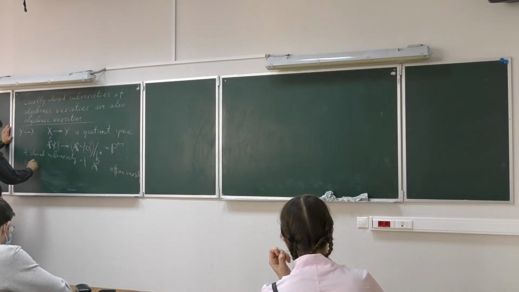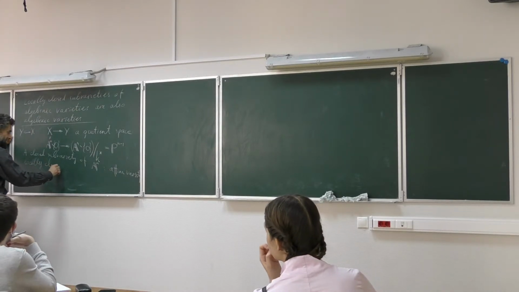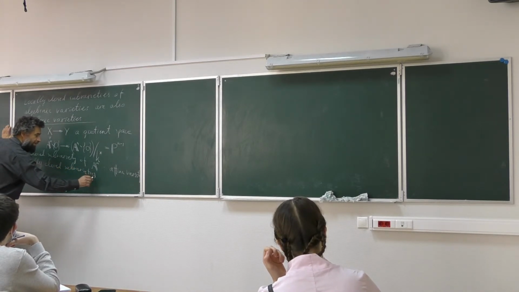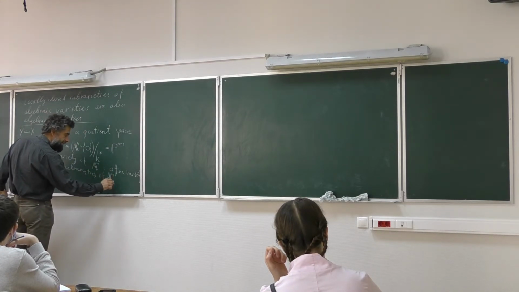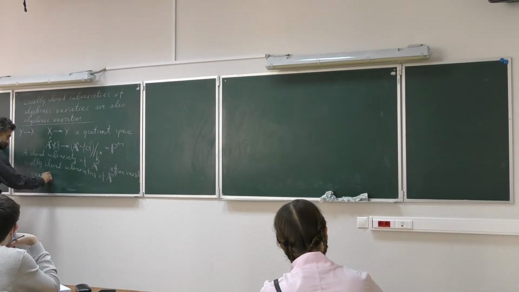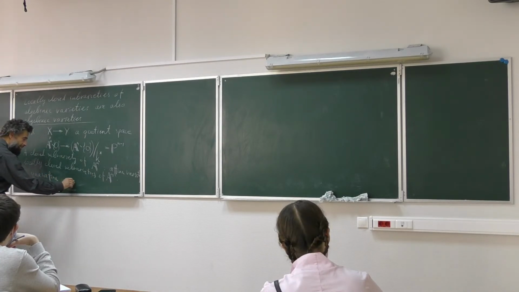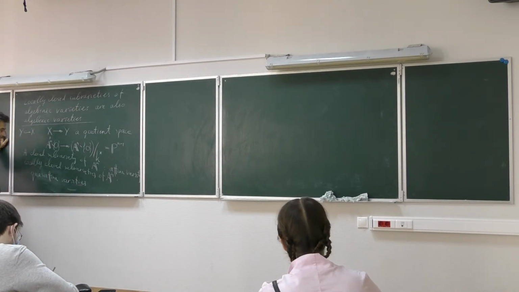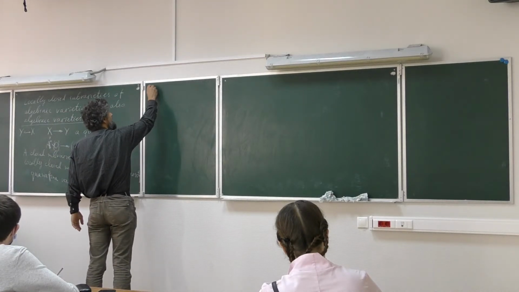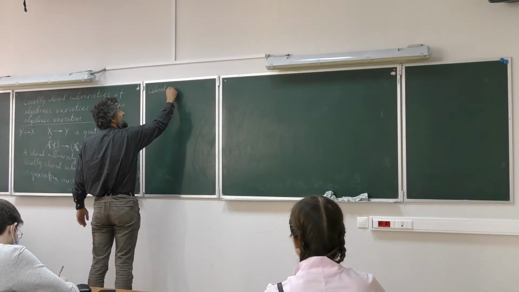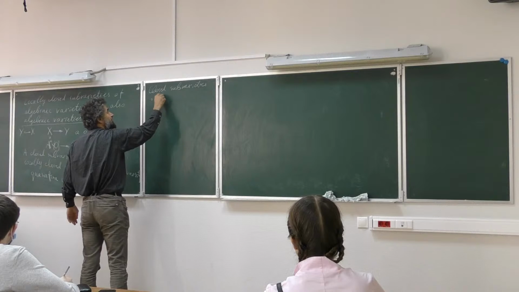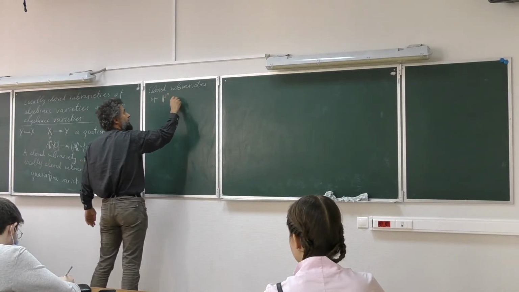Okay, so locally closed subvarieties of the affine space are called quasi-affine varieties. And similarly, closed subvarieties of projective space are called projective varieties.